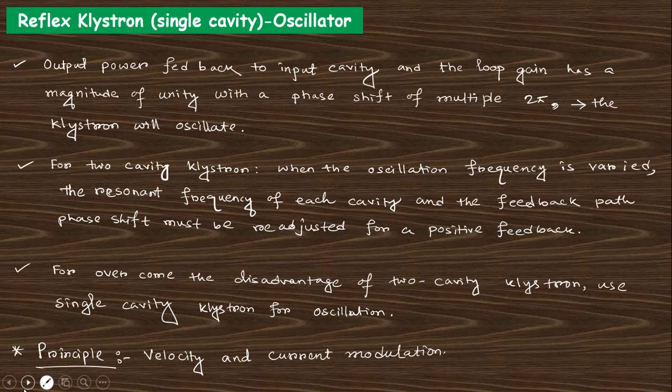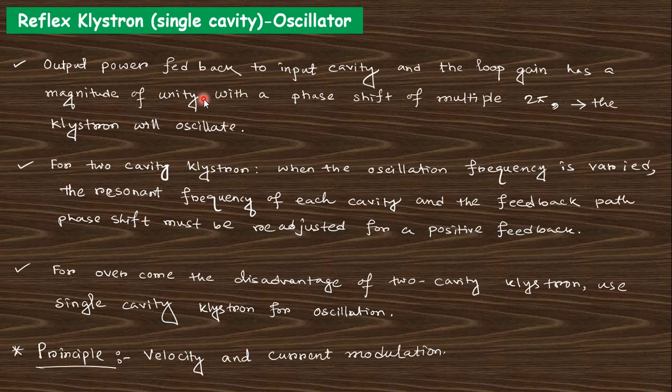Actually, two cavities are a disadvantage for producing oscillation, because the output power feeds into the input cavity and the loop gain must be unity with proper phase. In the case of two cavities, attenuation actually happens, but with a single cavity oscillation is possible, that means you need feedback. With two cavities the energy is caught at the catcher but you need to feed this energy back. That is why we take a single cavity, which helps to oscillate.